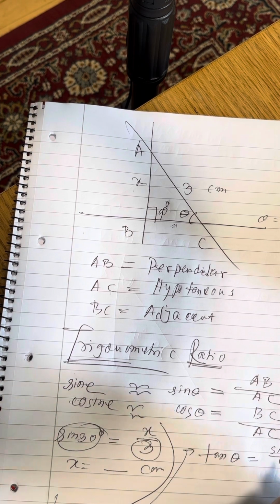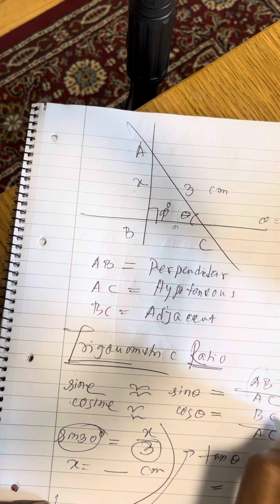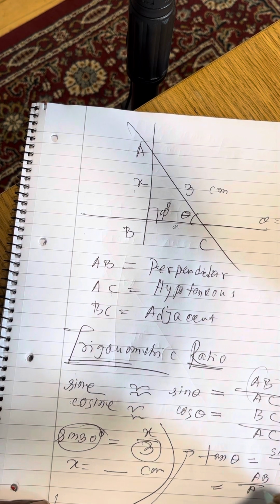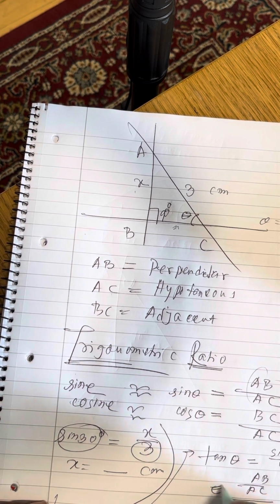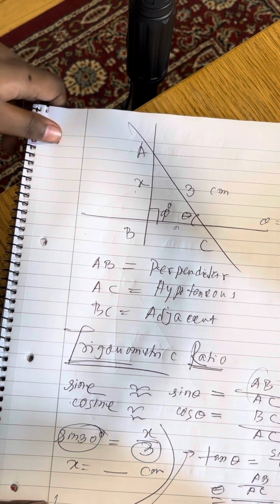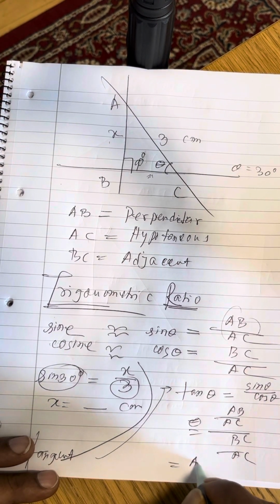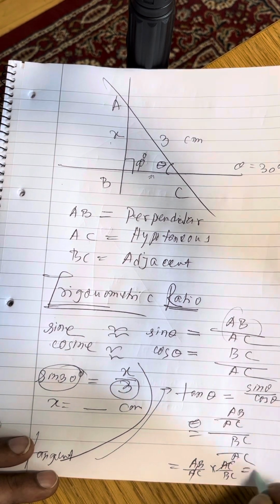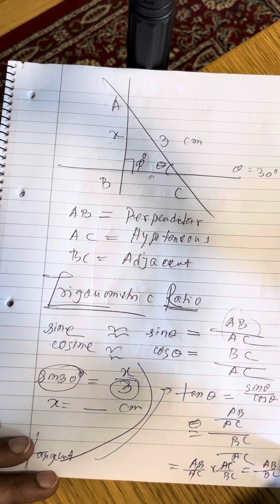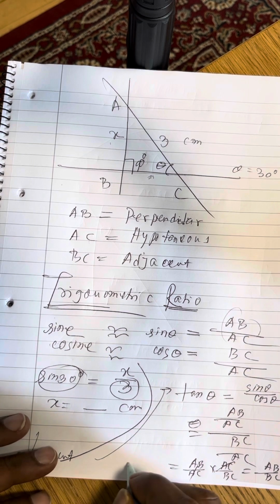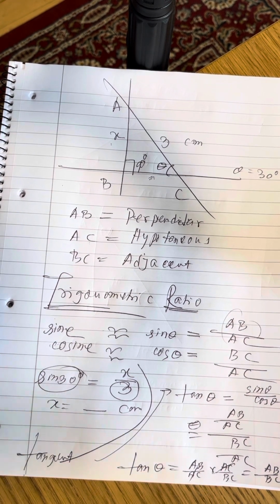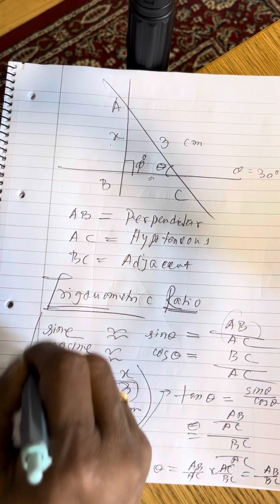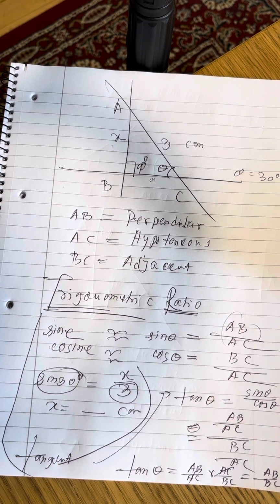And if you write AB by AC divided by BC by AC, then you will be getting AB by AC into AC by BC, right? AB by BC. What does it mean? Perpendicular over adjacent. Perpendicular by adjacent is the definition of tan theta. So if you know these 3, it's very easy to understand.